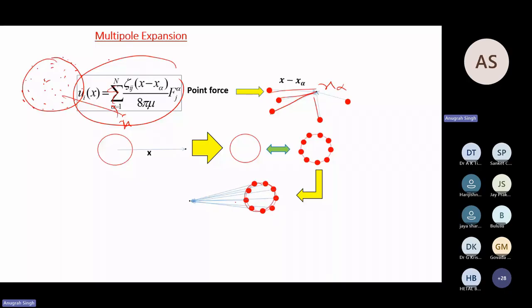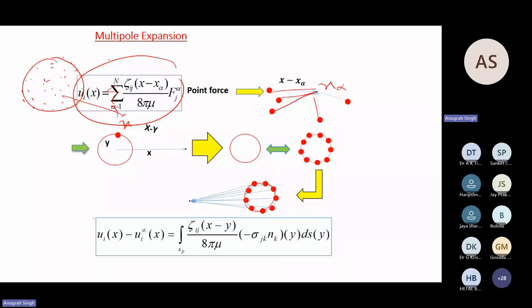If it is a regular distribution, this summation you can express as a surface integral, right? So this is the velocity field due to the point force, what was there in the fluid, the far field, and then you integrate over the whole surface, right? And this one, what is force? Force is basically stress into area, right?